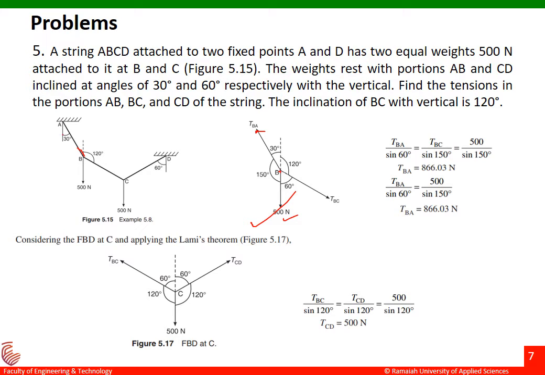Now if this is 30 degrees, this will also be 30 degrees. Same thing is written over here. And this is BC, TBC. You can see TBC is drawn here, and the angle made by the vertical and TBC is 120 degrees, which was given in the question. Now the total angle made between TBA and TBC is 120 degrees plus 30 degrees. It will be 150 degrees over there.